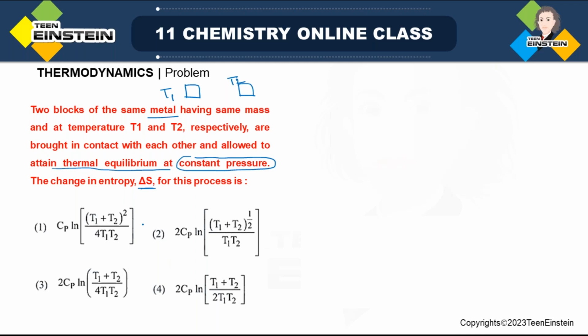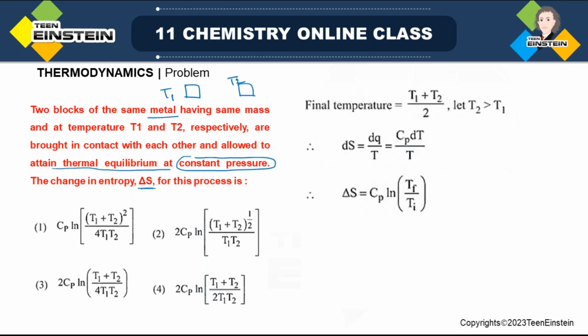Now, here the final temperature, as you are bringing T1 and T2 close. And it is true that we do not know whether T2 is greater than T1 or T1 is greater than T2, but you can make an assumption, or you can also do the reverse.